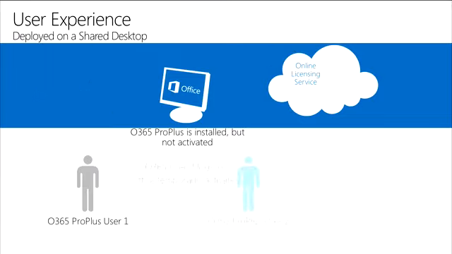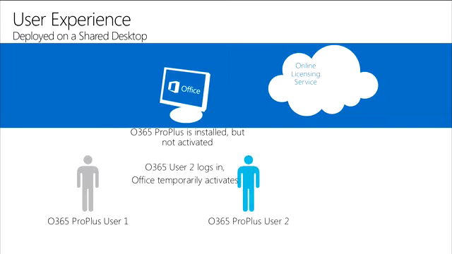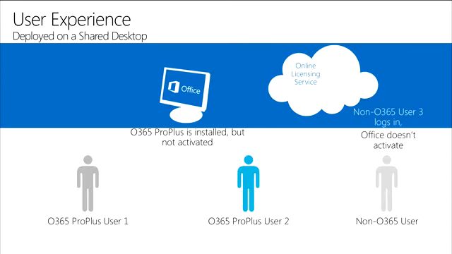Karen comes along, and Karen is also an approved user. She's authenticated, she's licensed, and again, she can use her documents. But when she logs off, Tom comes along, and Tom doesn't have an account, so he doesn't have a subscription with Office 365.